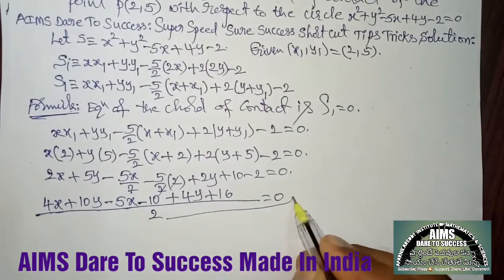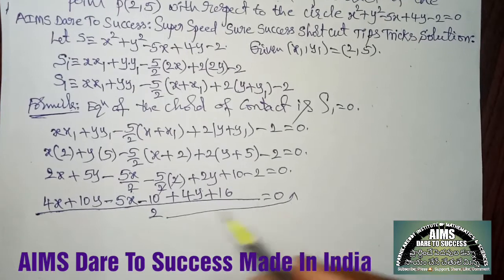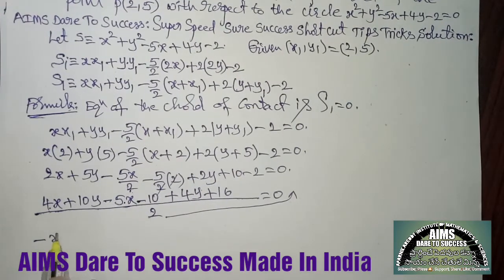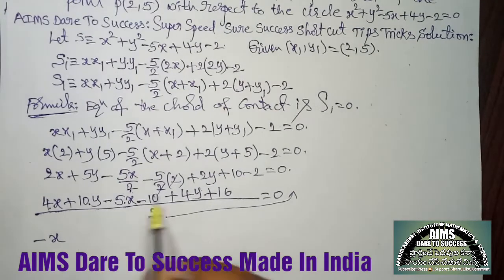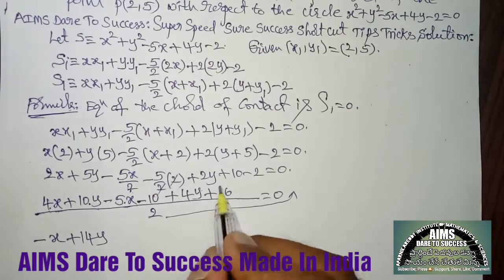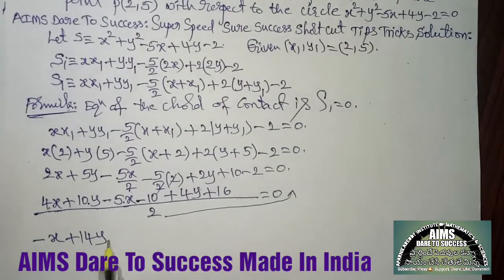This 2 is coming to the right side. 0 into 2 is 0. Here 4x minus 5x: small number minus big number is a negative symbol, 4x minus 5x is minus x. Next 10y plus 4y is 14y. Next the constant term 16 minus 10 is plus 6 is equal to 0.